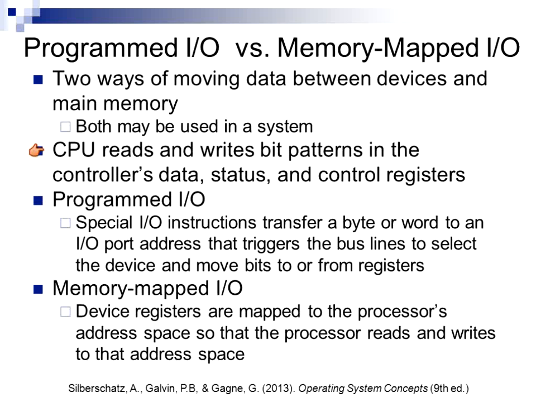And when it's trying to get status, whether the read happened or the write happened, it then would read bits from the controller's registers. And so with programmed I/O, there are actually special instructions that will transfer a byte or a word to the I/O port. That triggers the wires that are the bus to select the correct device and then move the bits to that device's controller's registers.